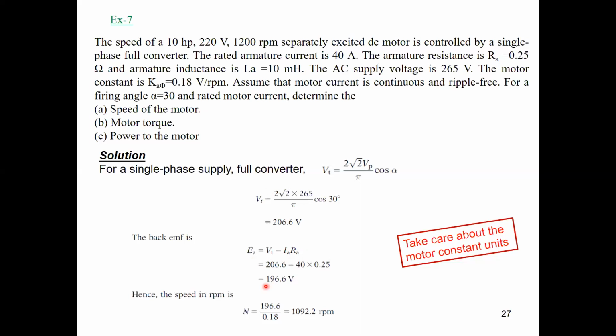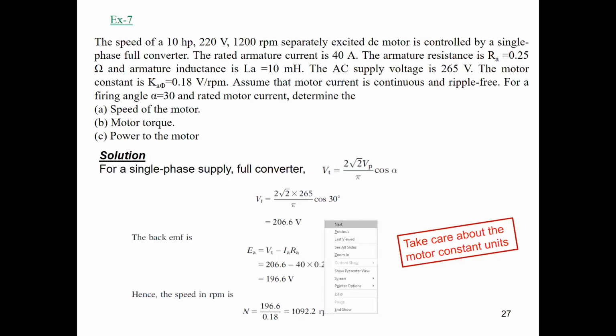In order to get the machine speed, we divide Ea by the value of K phi, which is given as 0.18. So this is the speed of the machine, 92 RPM. Second, we need to calculate motor torque, and then motor power. We know how to calculate the motor torque for a separately excited DC motor: torque equals K phi multiplied by Ia.